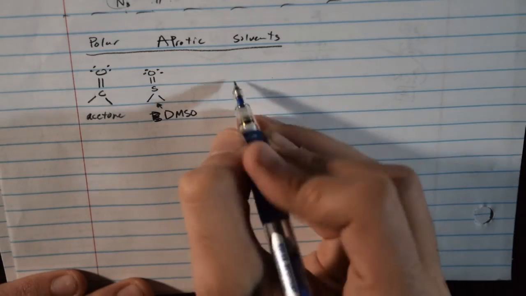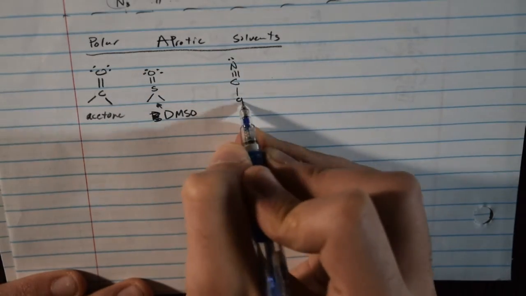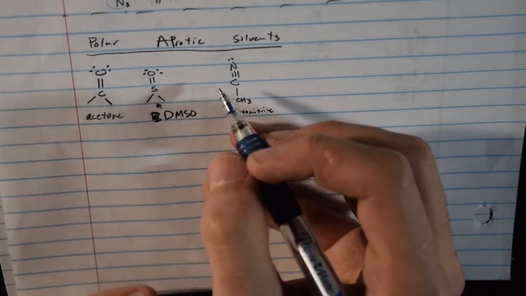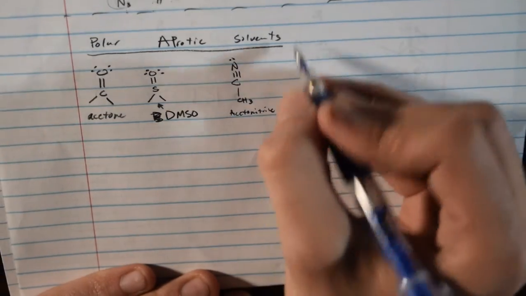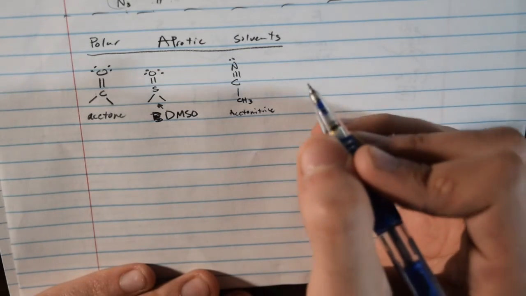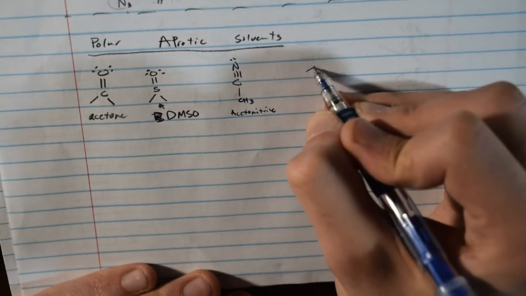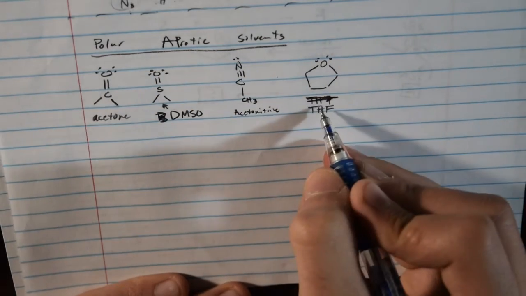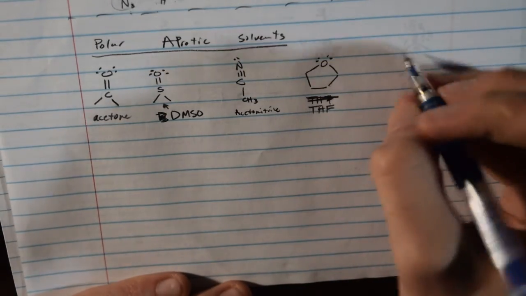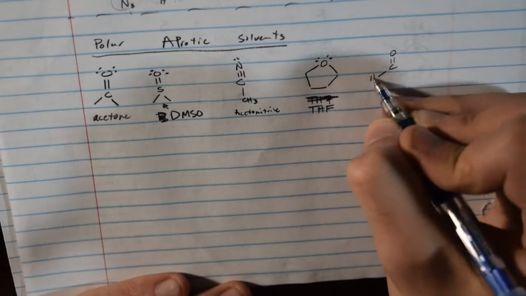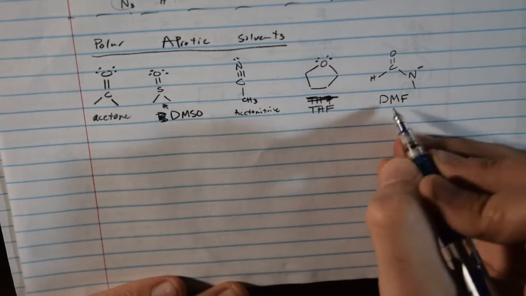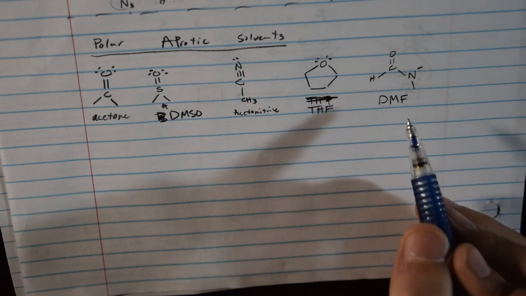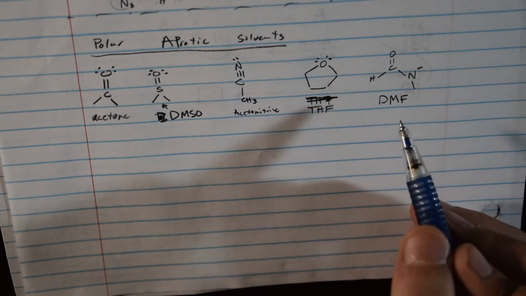We also have acetonitrile, and two less popular solvents, but they're still polar and aprotic: THF, and finally DMF. These are the solvents that you're going to see in your questions.